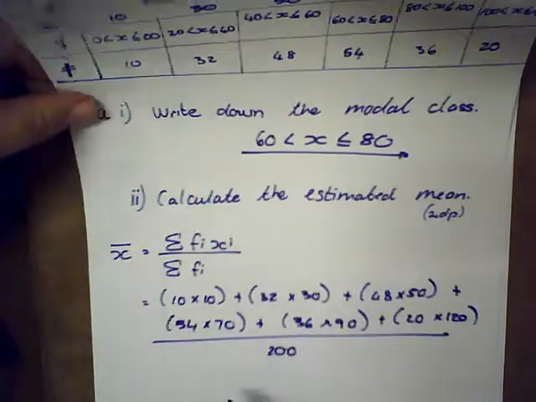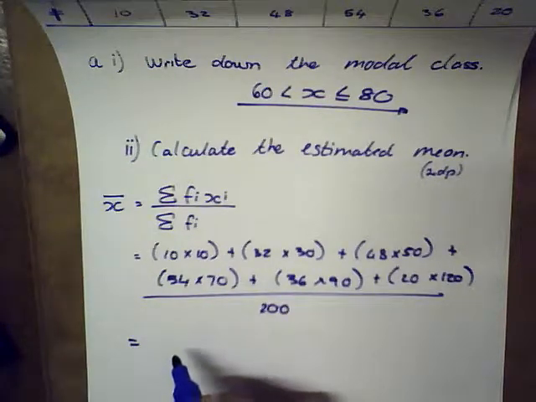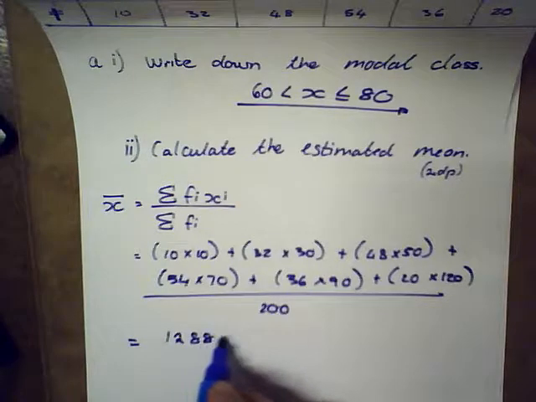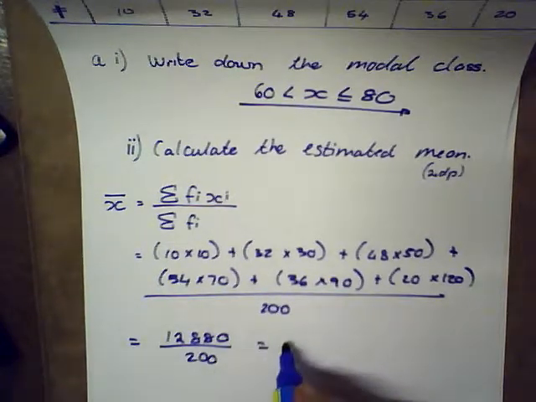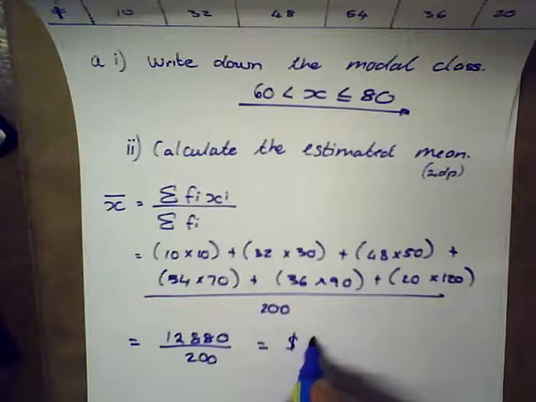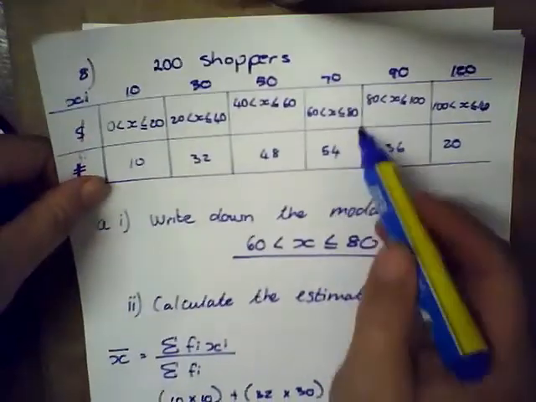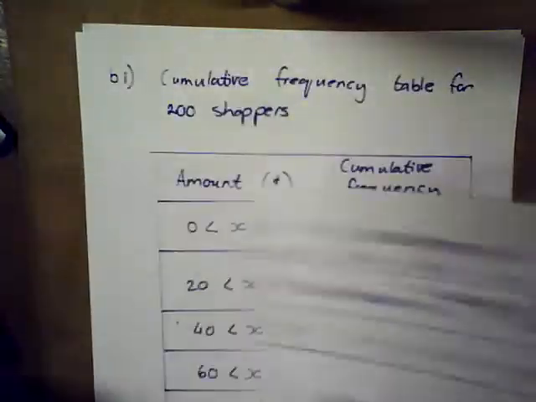The sum of fi, we said it was 200 shoppers. I tap that whole thing into my calculator, and I get a value, and if I simplify that, 64.40. Okay, so the x bar, or the mean, the estimated mean would be 64.40, and it makes sense that it will fall in my modal class, and I'm quite happy with the answer.